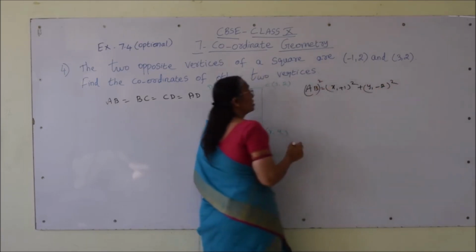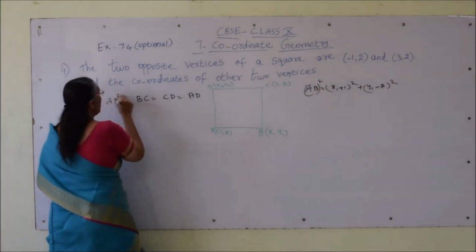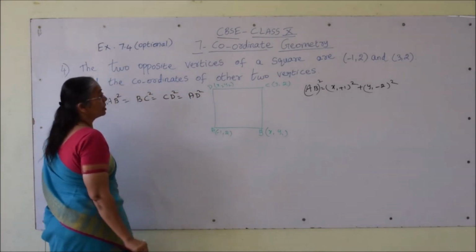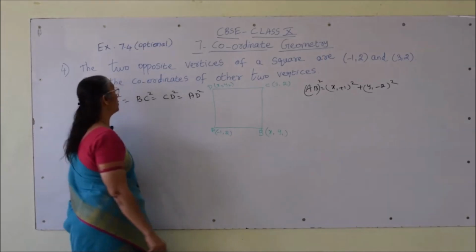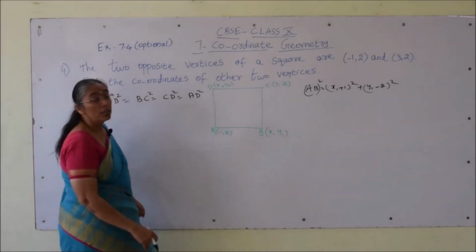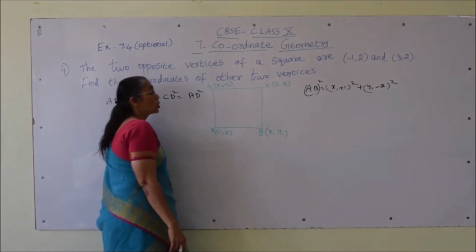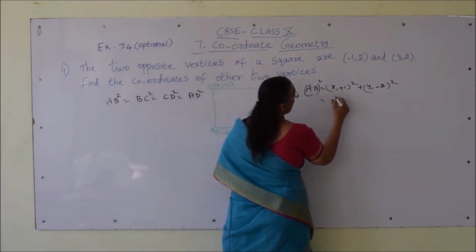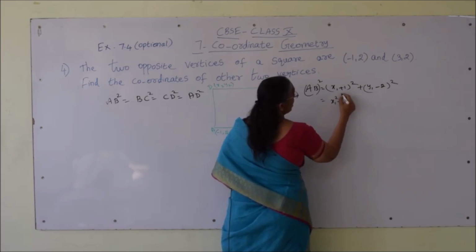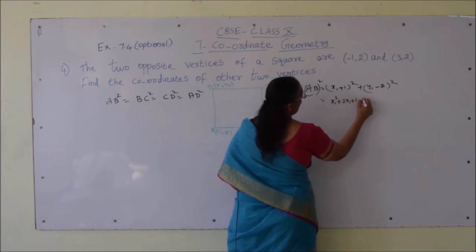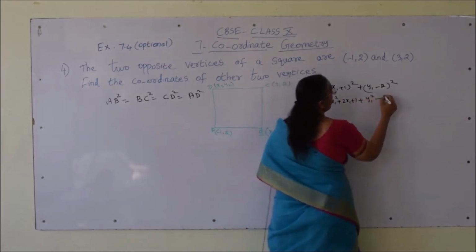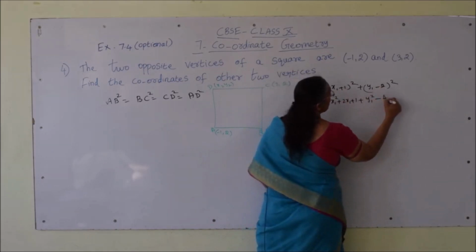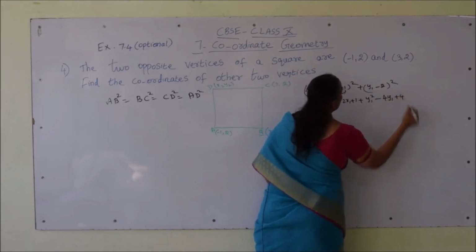So, I will make it squaring on both sides. AB equal to BC equal to CD equal to AD implies AB square equals BC square equals CD square equals AD square, so that we can avoid the square root. This is AB square. On expansion: x1 square plus 2x1 plus 1, y1 square minus 4y1 plus 4.